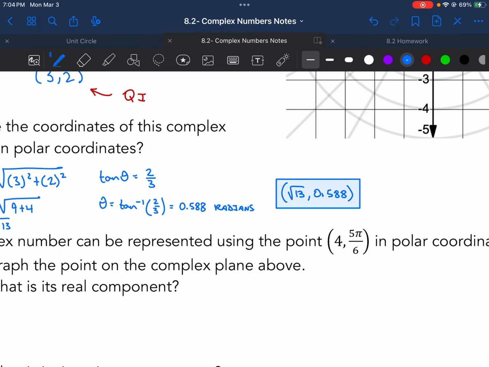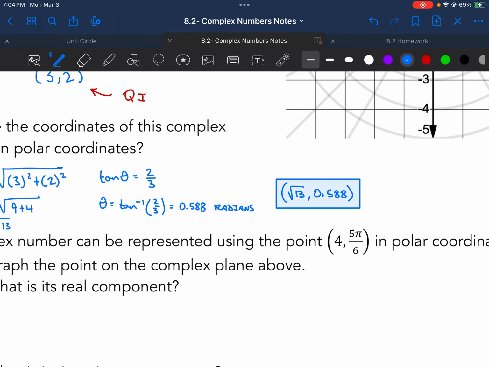So number 4, a complex number can be represented using the point 4 comma 5 pi over 6 in polar coordinates. So this is our r, this is our theta. Graph the point on the complex plane above. Okay, so I'll do this one in purple, I guess. So 4 is our r, 5 pi over 6. So 1, 2, 3 to the 4th circle.